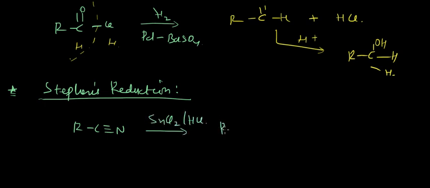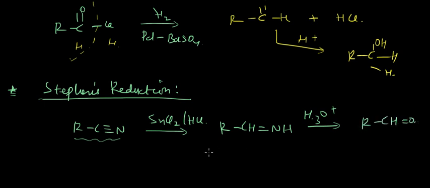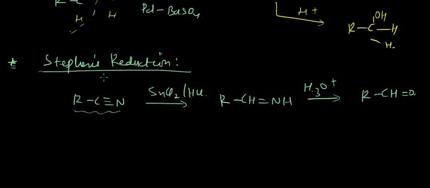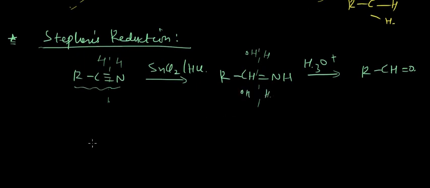First the reduction will take place for this triple bond or nitrile group, and then when we are passing H plus in water or acidic medium, we'll be getting RCHO. So this is pretty much clear. This is getting first reduced, with H and NH on both sides, and then afterwards we are getting OH and H on both sides. Hence this is very easy to understand.